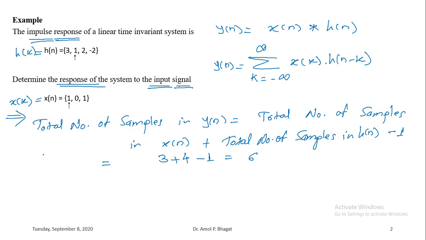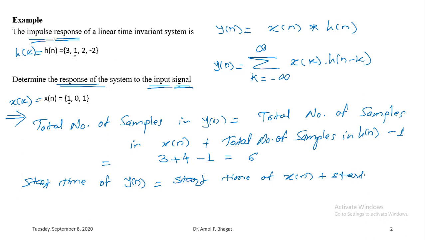Similarly, you will be identifying the start time of y of n. That will be the lower limit of x of n plus the lower limit of h of n, that is, the start time of x of n plus the start time of h of n.